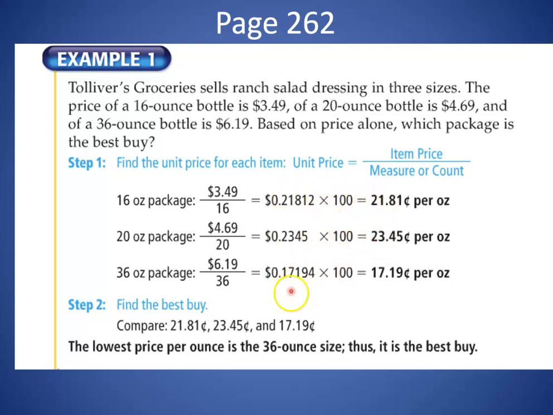Technically, if you can compare from here, you wouldn't need to do that, but that way it makes it a little bit easier to compare. 23.45 cents per ounce. And the 36-ounce package is $6.19 divided by 36, which is 17.19 cents per ounce. So the 36 package is the best deal. You will find a lot of times the largest package is the best deal, but not always.